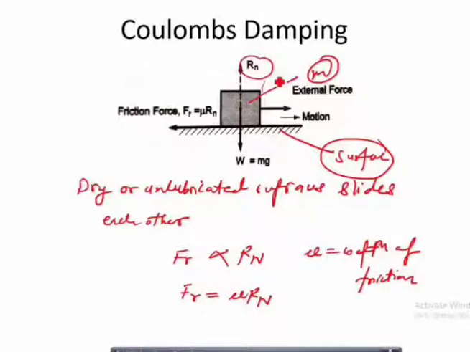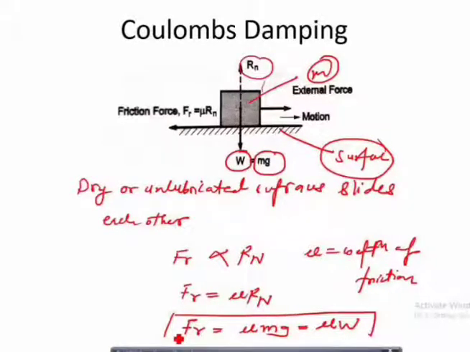Now, if you look at this particular figure, Rn is equal to W, equal and opposite, and W is equal to mg. So I can write this equation as Fr is equal to mu into mg, or mu into W. This is the first equation which I got from Coulomb's law of dry friction. I will repeat once again.